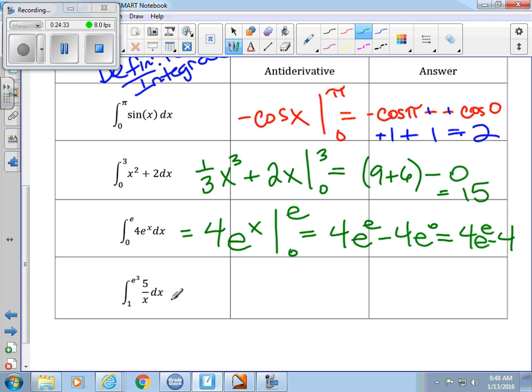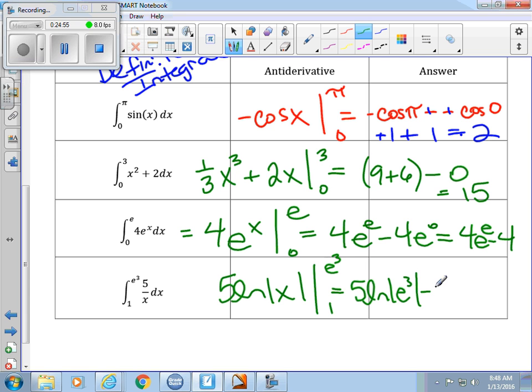What is the antiderivative of 5 over x? 5 natural log, the absolute value of x, evaluated from 1 to e cubed. So I get 5 natural log of e cubed minus 5 natural log of 1.